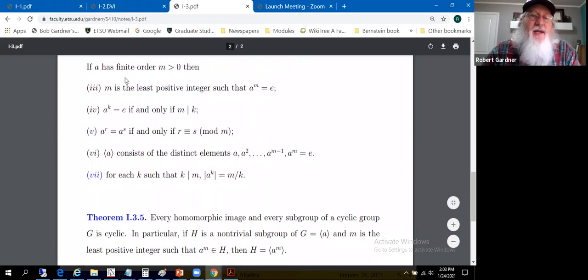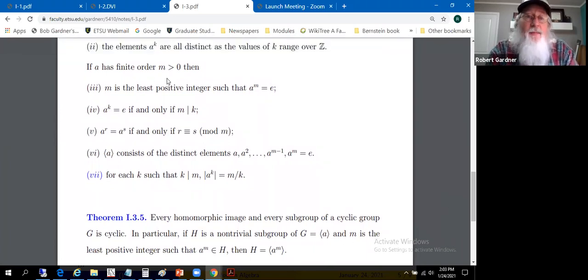If A is an element of finite order M. Okay, so now we're talking about a group generated by A of order M. Well, you know by the previous result, you're good to be thinking integers mod M. So the following should sound familiar as properties of the integers mod M, the elements of which are equivalence classes, remember.